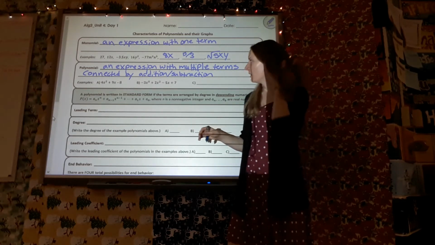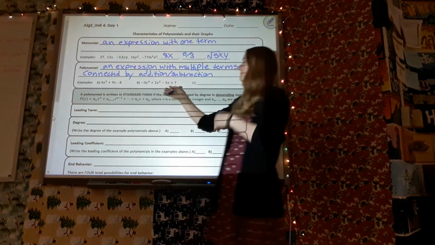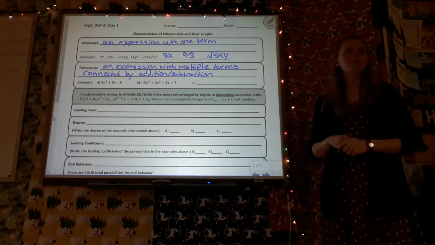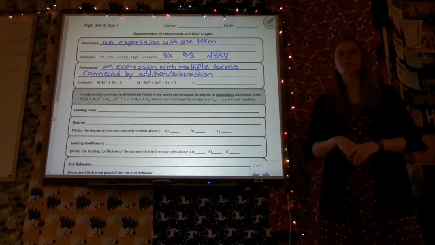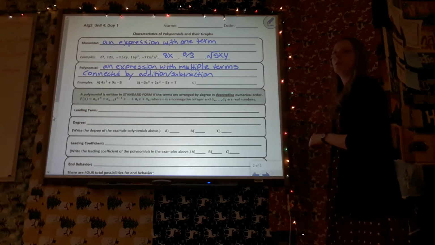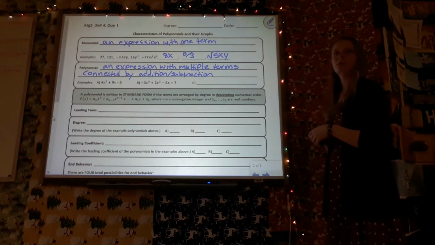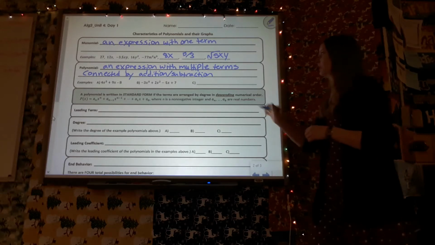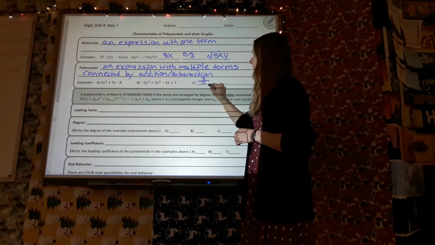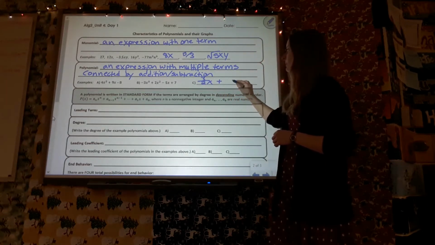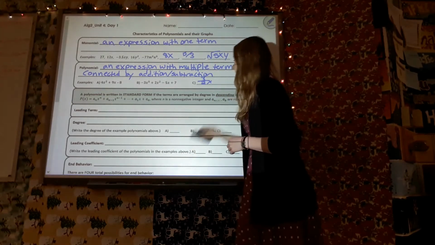Okay? Alright, so this one is a polynomial, this one is a polynomial. Can anybody else come up with an example of a polynomial? Creative, anything you want, as long as it's a polynomial. We're divided by 2x plus negative 2 over 6.